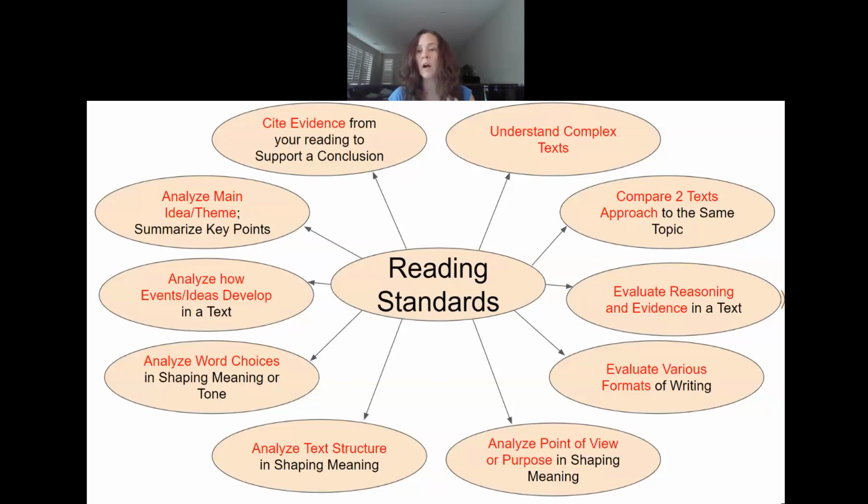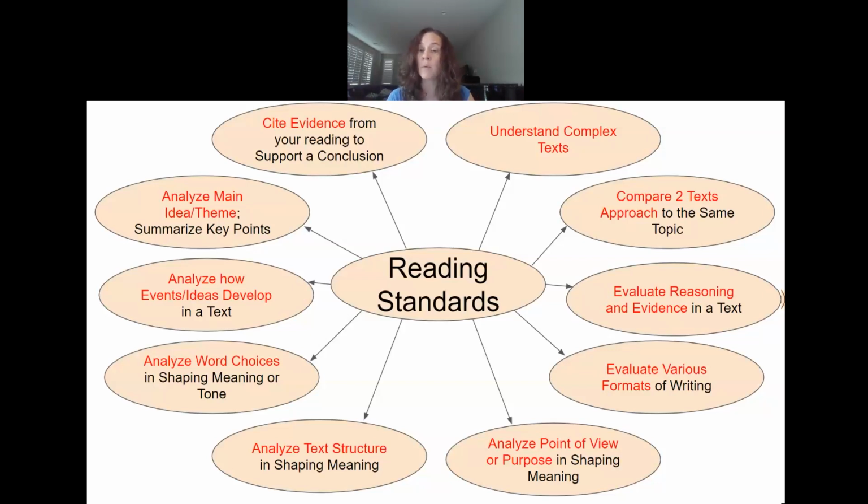When you're ready for college, you have all of the skills necessary to tackle the information that is going to be given to you by a college professor. And even if they give to you a complex text that's very difficult for you and you are having a hard time understanding it, it doesn't mean that you can't figure it out.